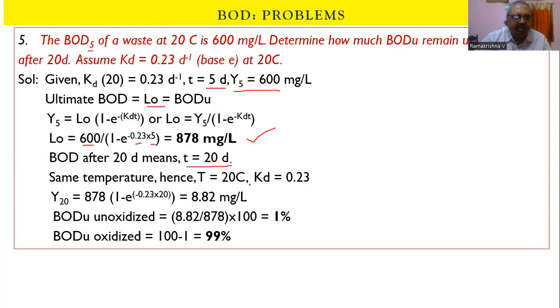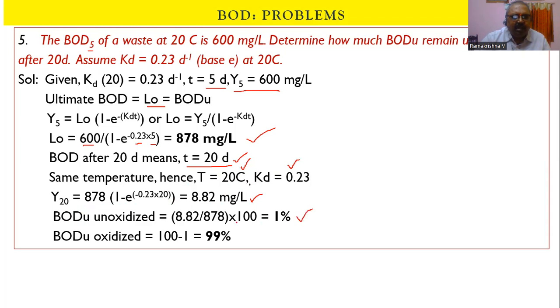BOD after 20 days means the incubation period is 20 days, so t is equal to 20 days. Temperature is not changed, so it is 20 centigrade, and the rate constant also does not change, 0.23. So Y20 is equal to 878 into 1 minus e to the power minus 0.23 into 20, which is 8.82 milligrams per liter unoxidized. That is only 1%.